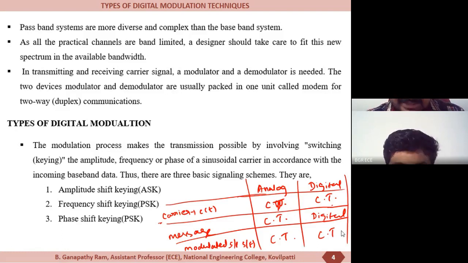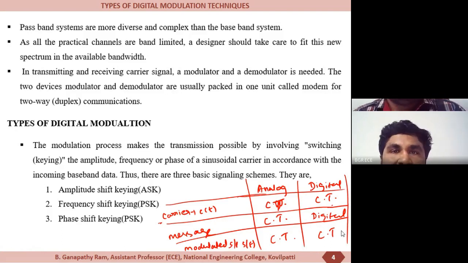The baseband data is of digital type. In binary type digital information, we have only two different symbols, 0 and 1. And for higher order baseband data, we have different numbers of amplitude levels, but they are all represented in digital manner.